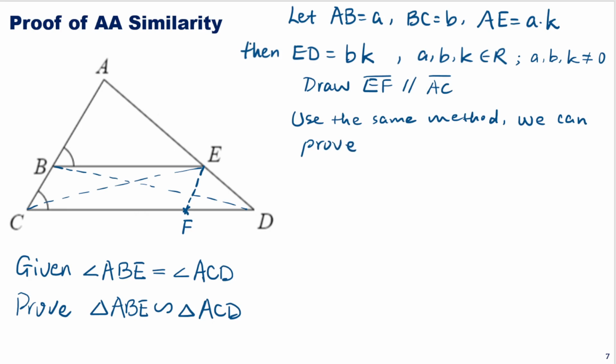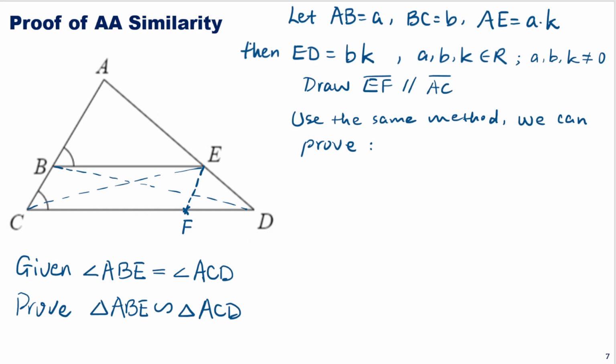Okay, previously, if BF is parallel with CD, we proved that AB over BC equals AE over ED, right? Then similarly, if you have EF parallel to AC, you can prove actually ED over AE should equal DF over FC, right? Using the same method.